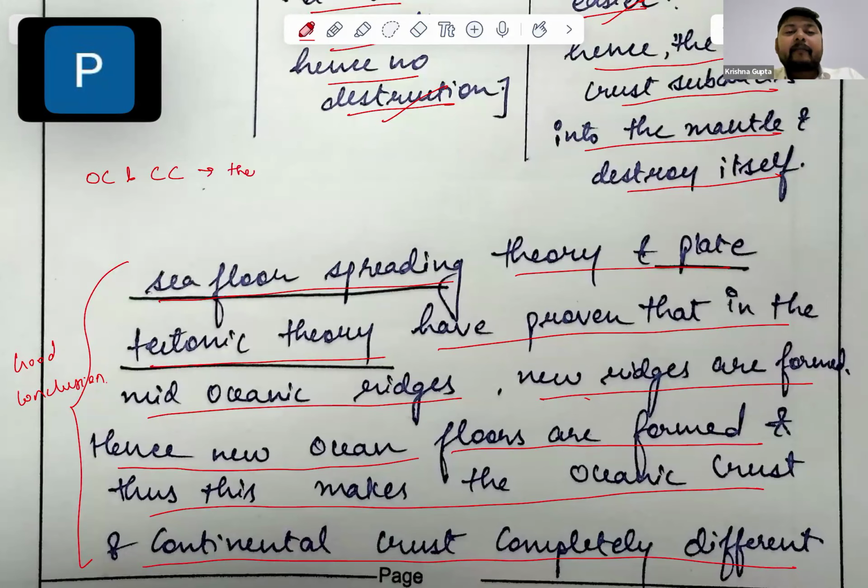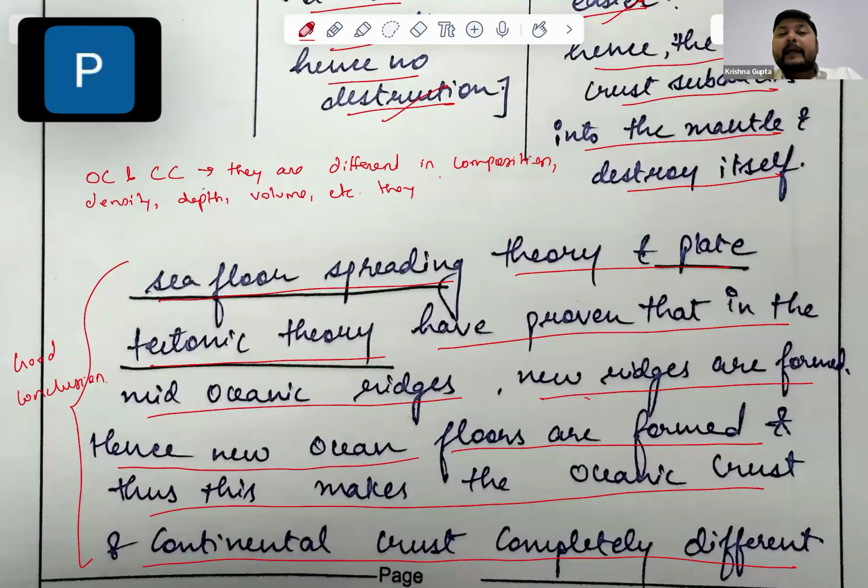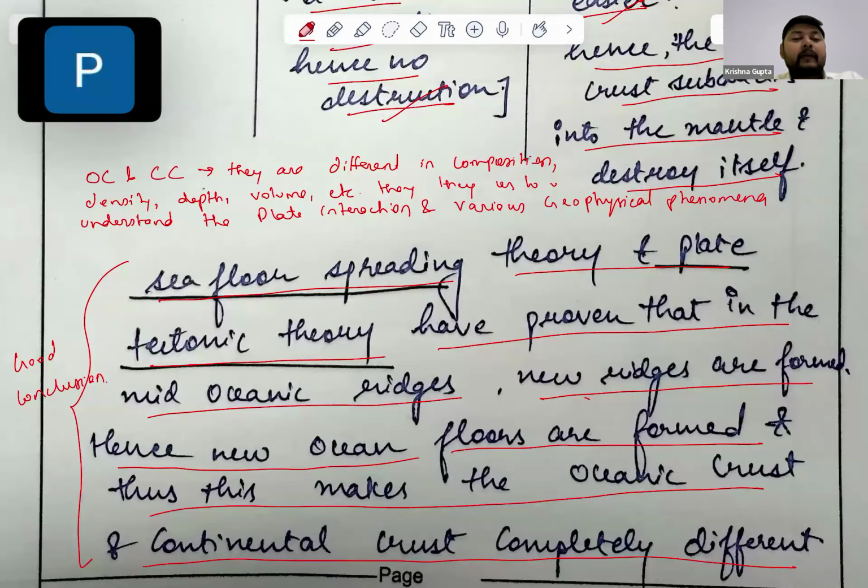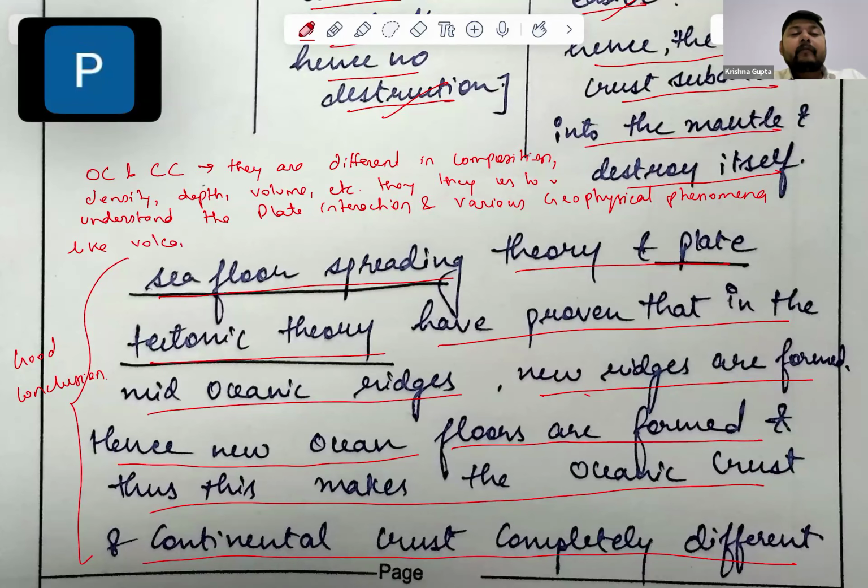They are different in composition, then density, depth, volume, etc. Thus, they help us to understand the plate interaction and various geophysical phenomena like volcanism, earthquakes, etc., and their predictions.